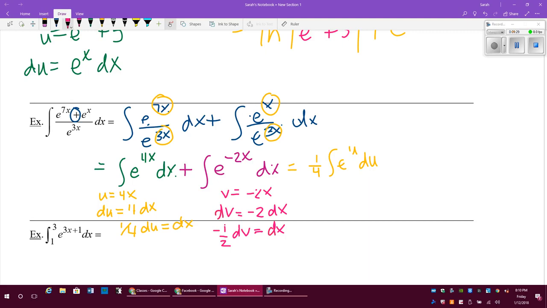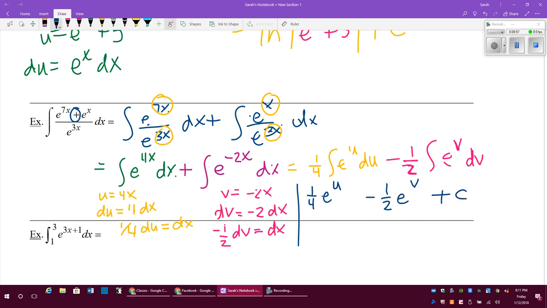So this is going to turn into a minus 1/2 integral of e to the v dv. And I have a pretty easy way of going about doing this from here. So we get 1/4 e to the u minus 1/2 e to the v.